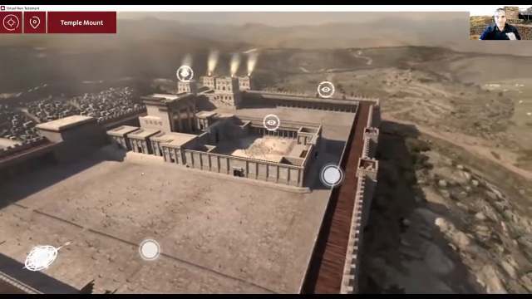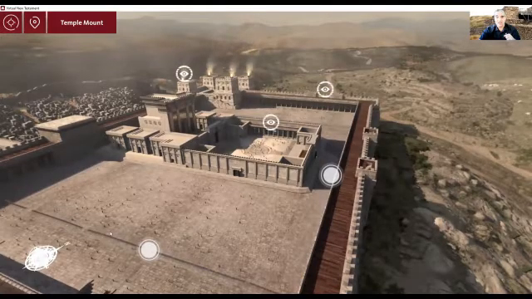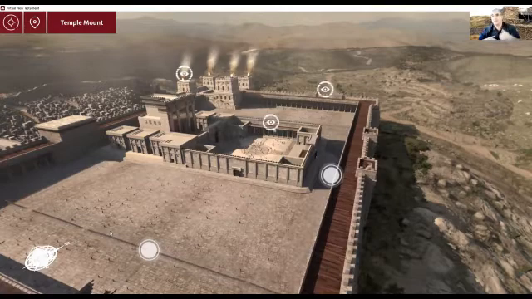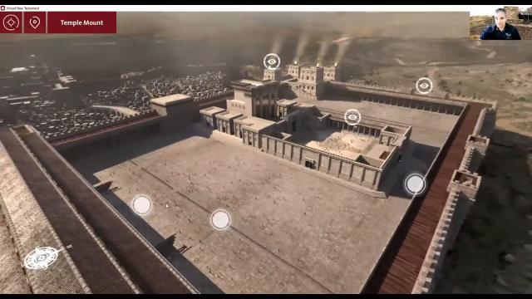So we are now looking at the temple itself. This line over here is the perimeter between the Jews and the non-Jews. We actually found this perimeter that tells you beyond this point, non-Jews are not allowed. So a lot of people ask me, can it be the Temple Mount was not on Mount Moriah, but actually down at the Gihon Spring?